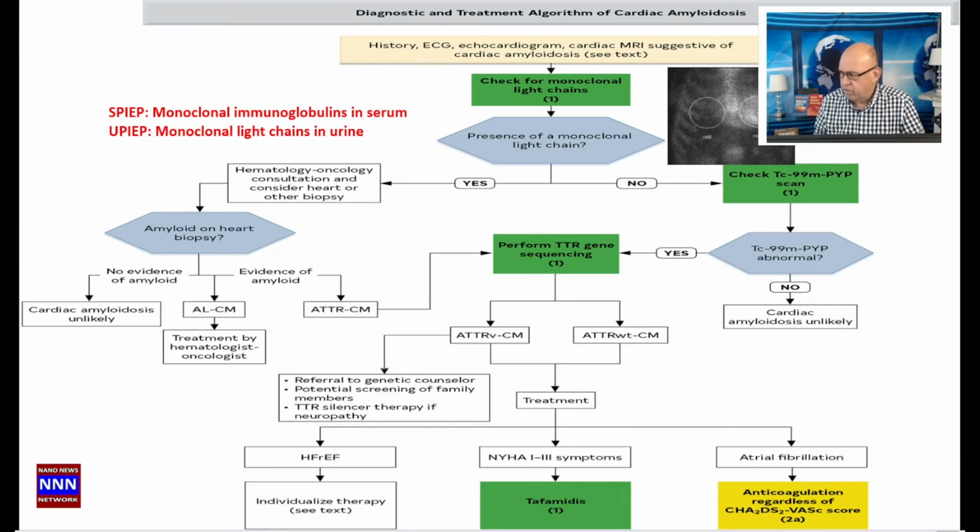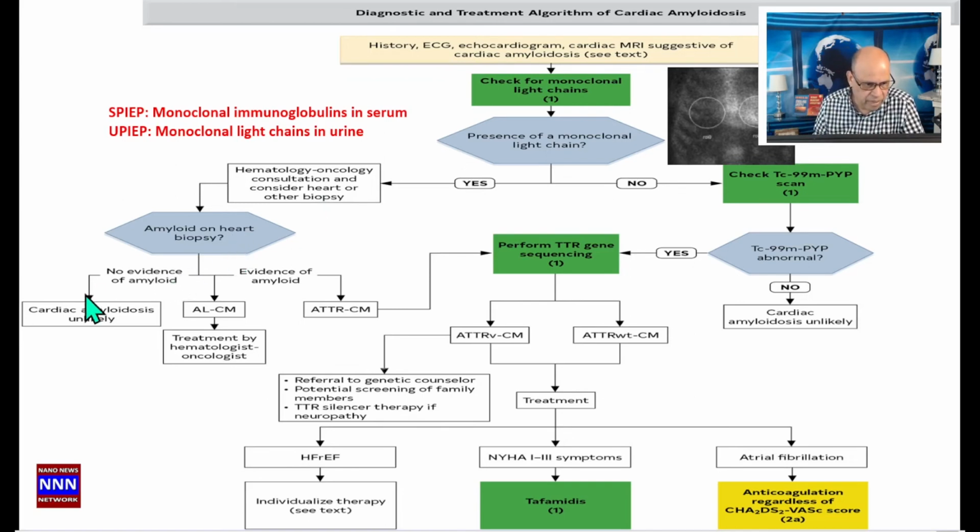Here's the flowchart put out by the American Heart Association as to how we approach a patient with amyloid or suspected amyloid. Of course, we look for monoclonal light chain antibodies, and if the antibodies are present, we get a hematological consultation. Then these patients undergo a biopsy of the fat tissue or even an endomyocardial biopsy.